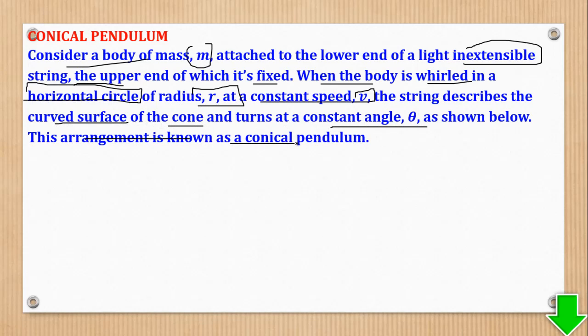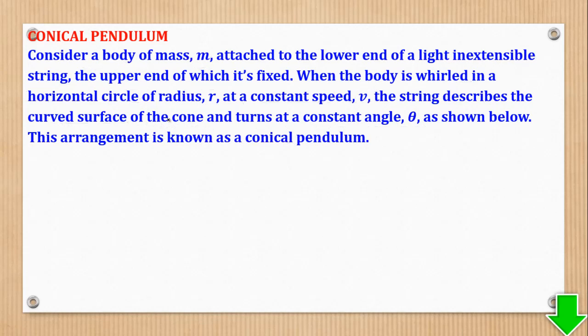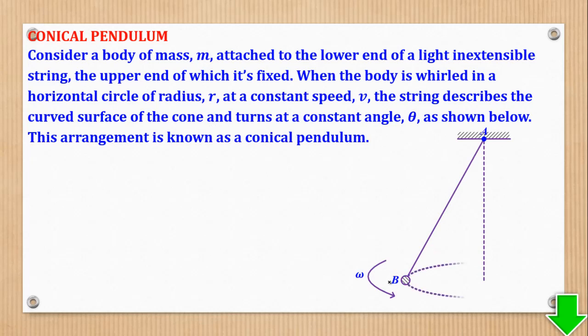This arrangement is known as a conical pendulum, conical coming from the word cone. So let's try to see how this cone is. I have a string attached at this point, with angular velocity in that form, forming a horizontal circle.